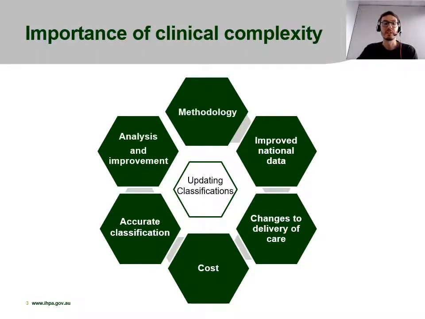Additionally, changes to the delivery of care result in changes to the cost of care, and this needs to be taken into consideration. The classifications' complexity models were originally developed from the 2016 Emergency Care Costing Study and the 2014 Mental Health Care Costing Study, which collected data from 10 and 24 hospitals respectively.